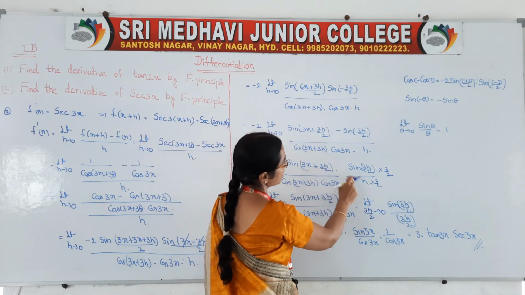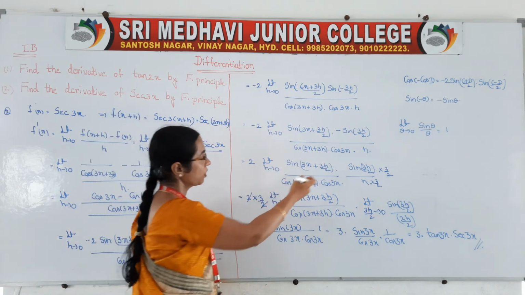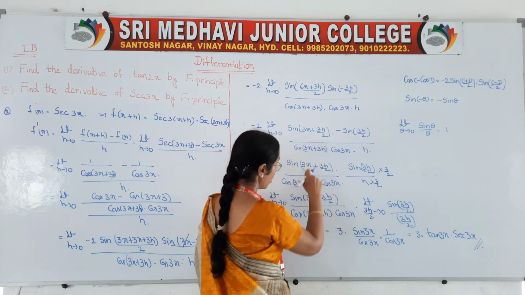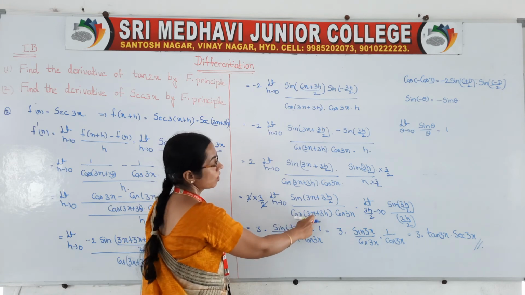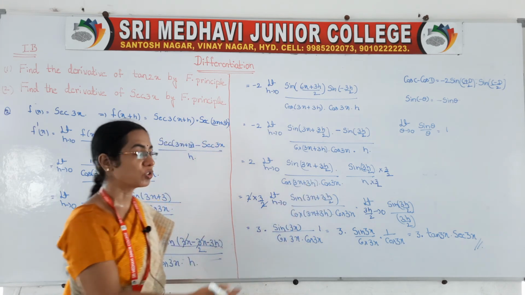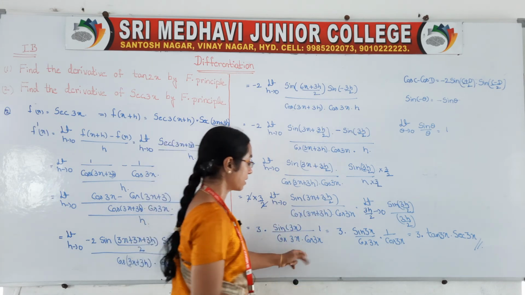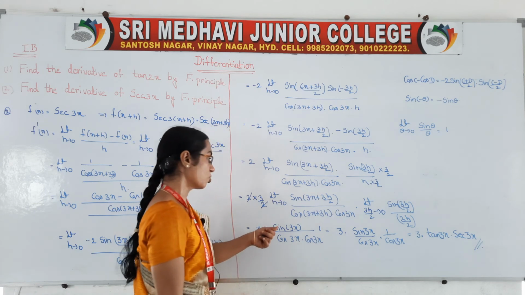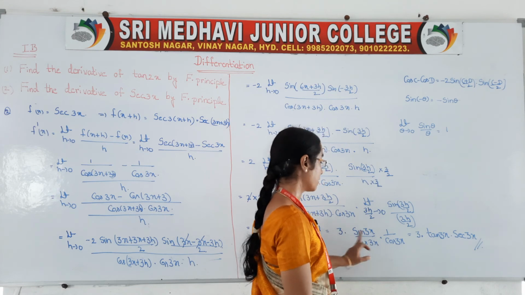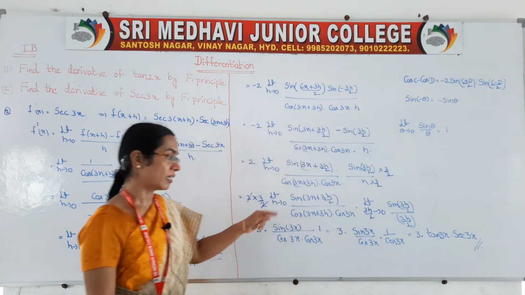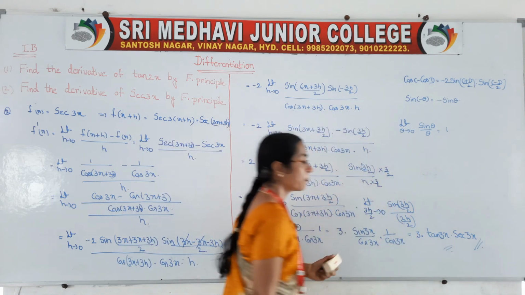We can apply the limit separately for each term, product, numerator and denominator. Wherever h is there, h tends to 0, so h value is 0. So 3 into sin 3x by cos 3x into 1 by cos 3x. Sin by cos is tan 3x and 1 by cos is secant 3x. That is the answer of your question.